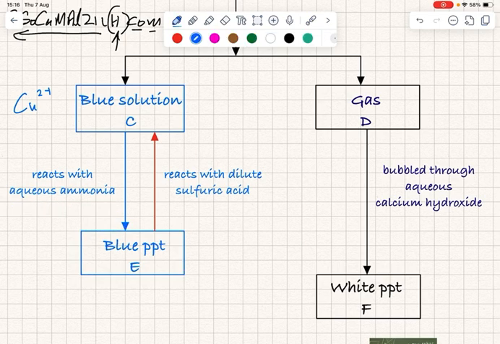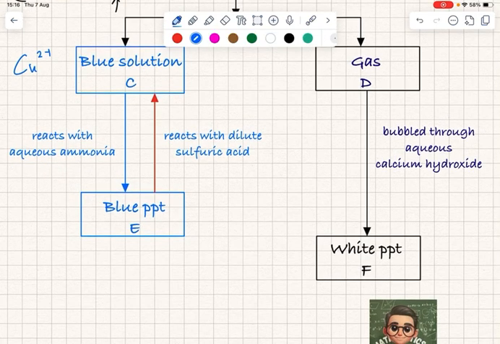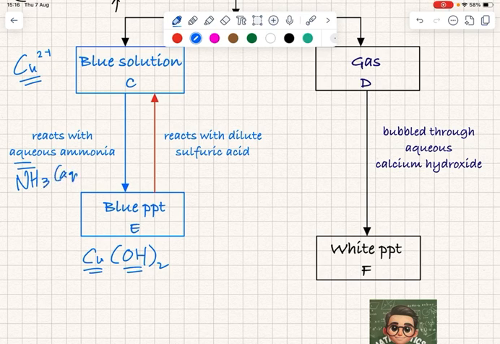That means your E must be copper hydroxide, Cu(OH)2. Why? The copper comes from the blue solution C, and the OH must come from the aqueous ammonia. Aqueous ammonia is NH3(aq). So aqueous means dissolved in water, lots of water, to produce your OH there.